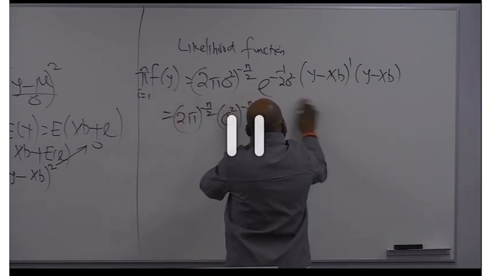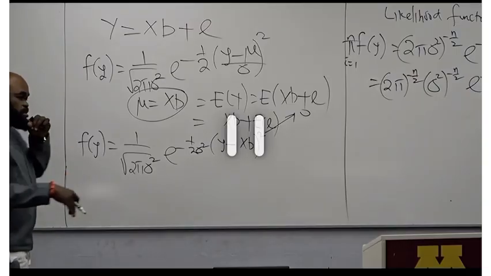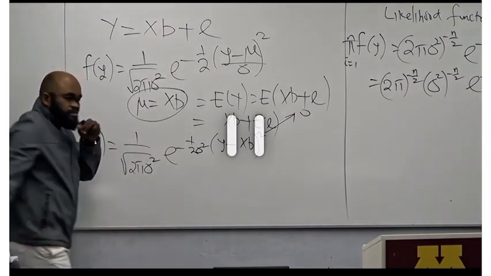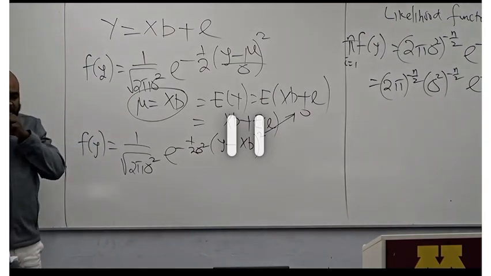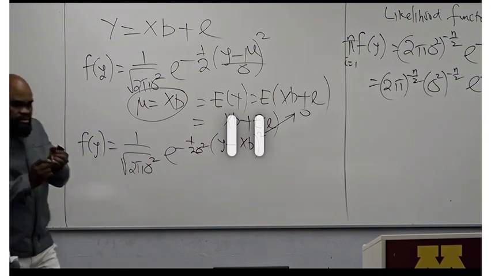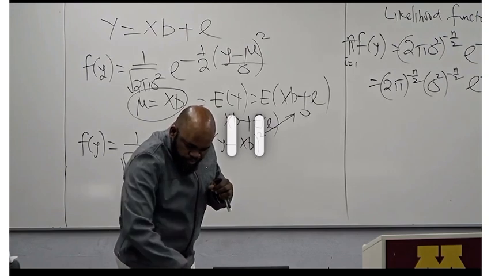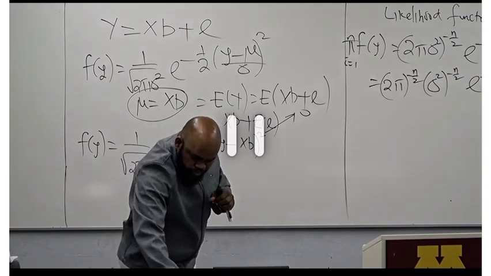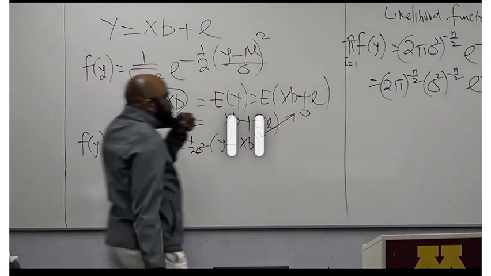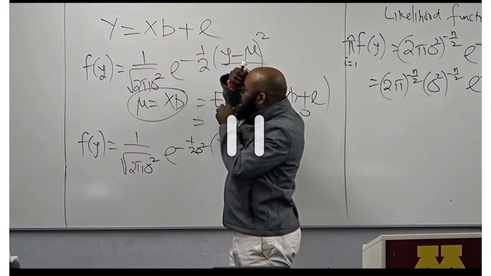Now, if you take a look at what I have, I'm assuming, because I want to estimate the parameter b. The intention is to estimate the parameter b in a linear regression.